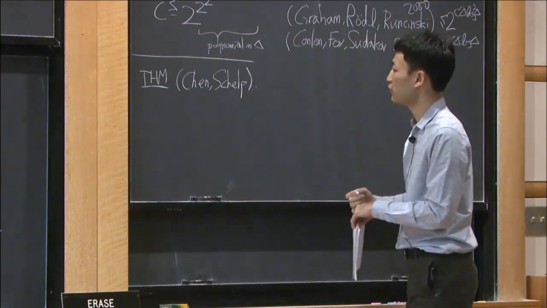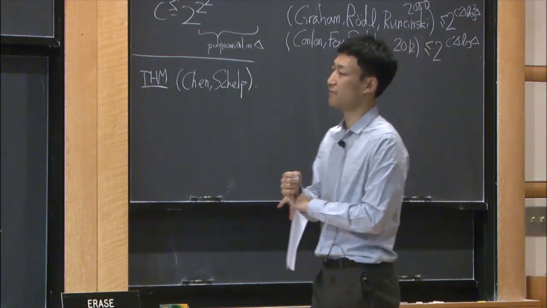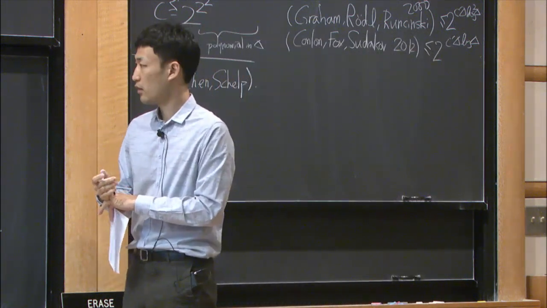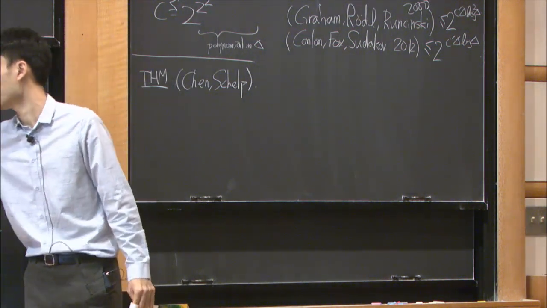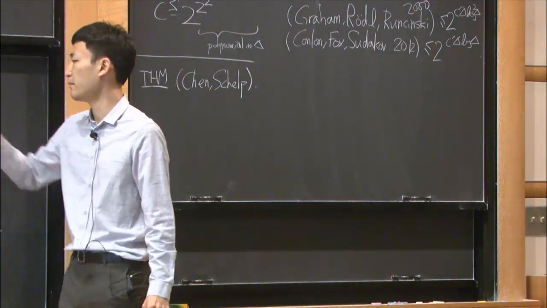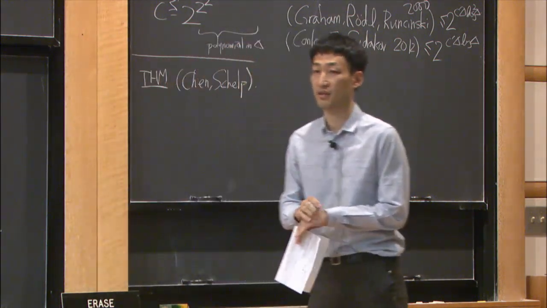So what they proved is the conjecture for a class of sparse graphs where the measure of sparsity lies strictly between having bounded max degree and having bounded degeneracy.